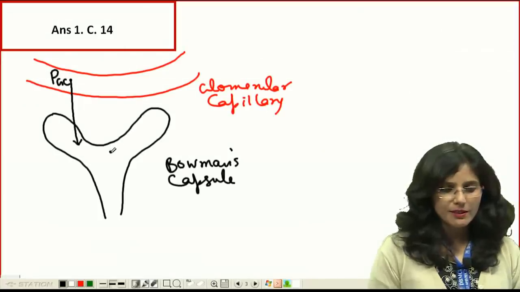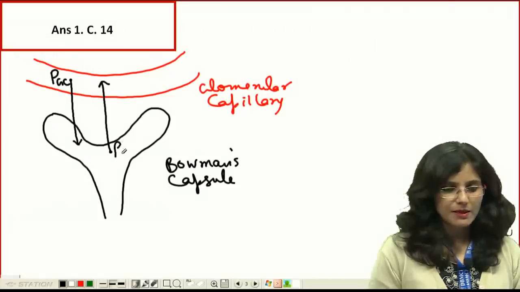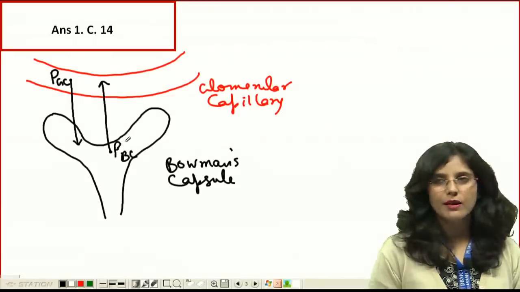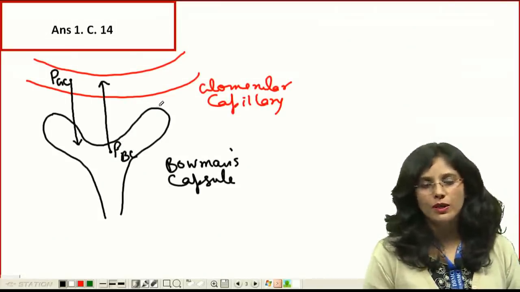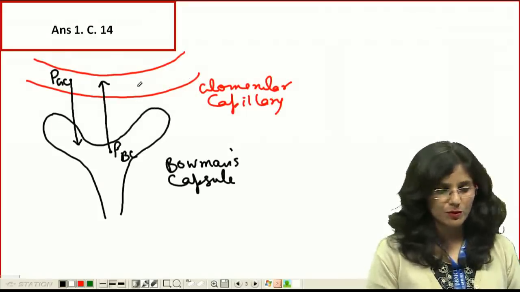The hydrostatic pressure in the Bowman capsule is opposing the filtration. This is known as PBC. Now another 2 forces are oncotic pressure in the glomerular capillary and the Bowman capsule.